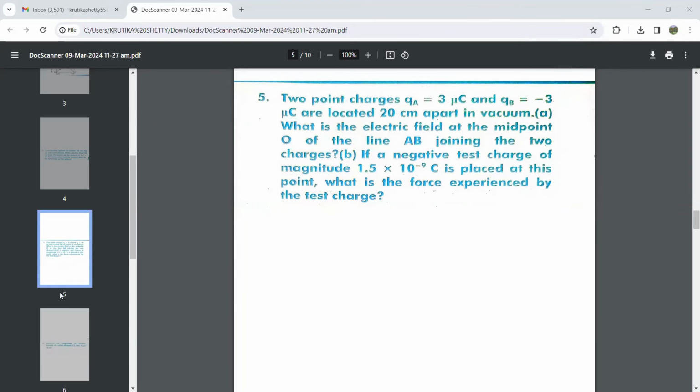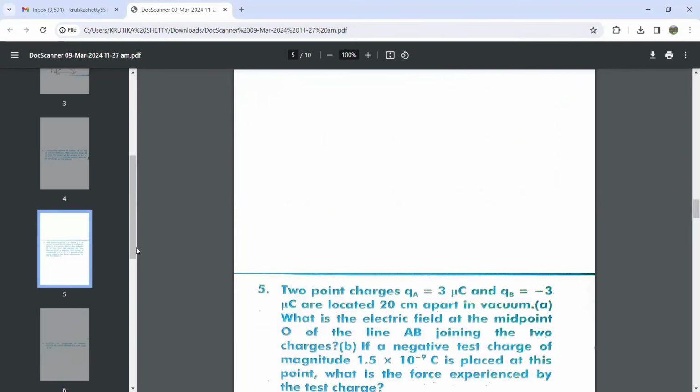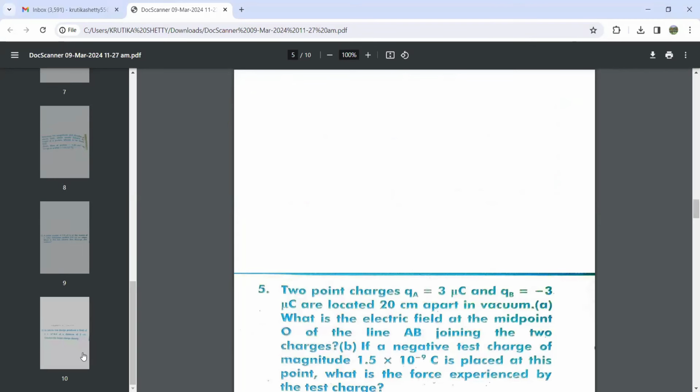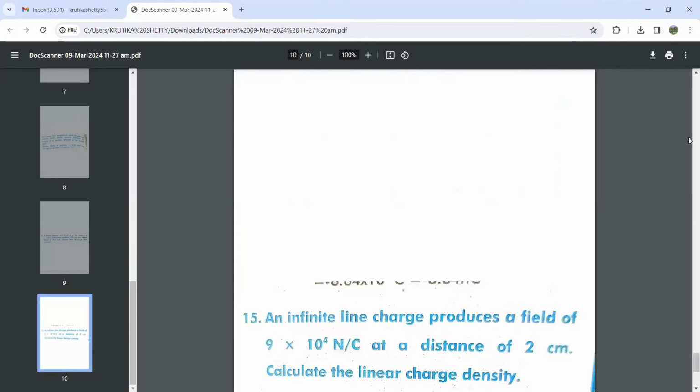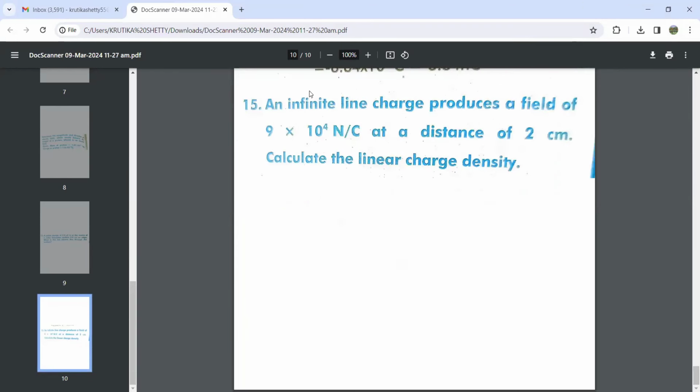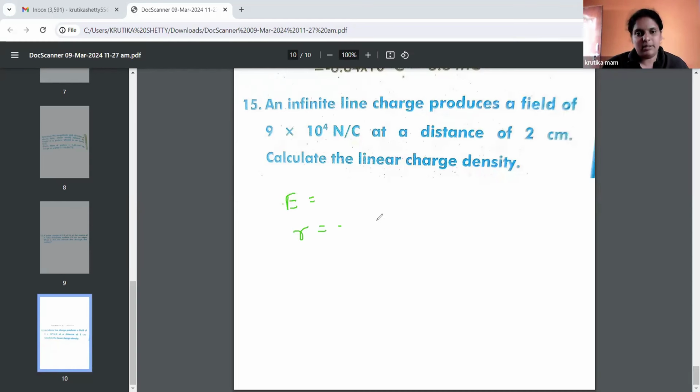So we are going for the last numerical. You can do this one, a formula based question. An infinite line charge produces a field of 9 into 10 raised to 4, the electric field value is given, at a distance of 2 centimeter.